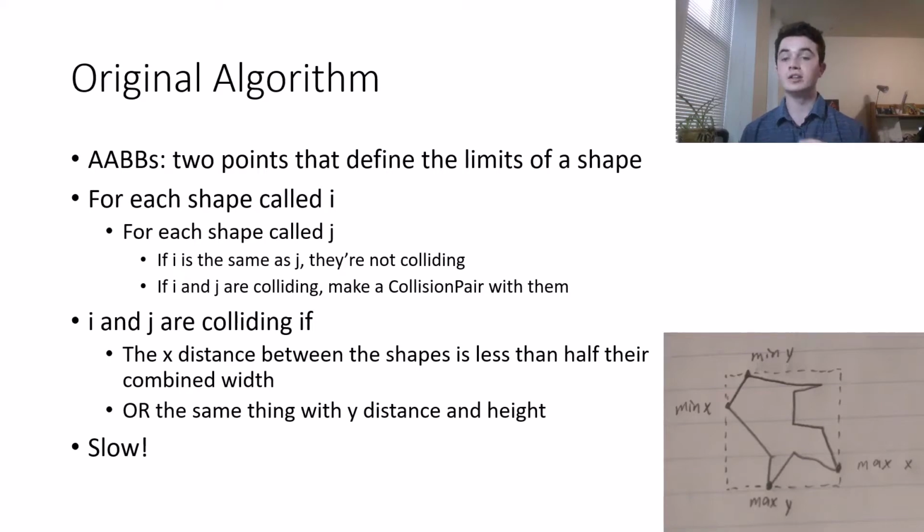And i and j are colliding if the x distance between the shapes is less than half of their combined width, or the same thing with y distance and height. So that's how we can tell if two rectangles that define shapes are overlapping. And using that information, we can do more precise collision detection with the lines of a polygon. This is crazy slow, so here's my improved algorithm.